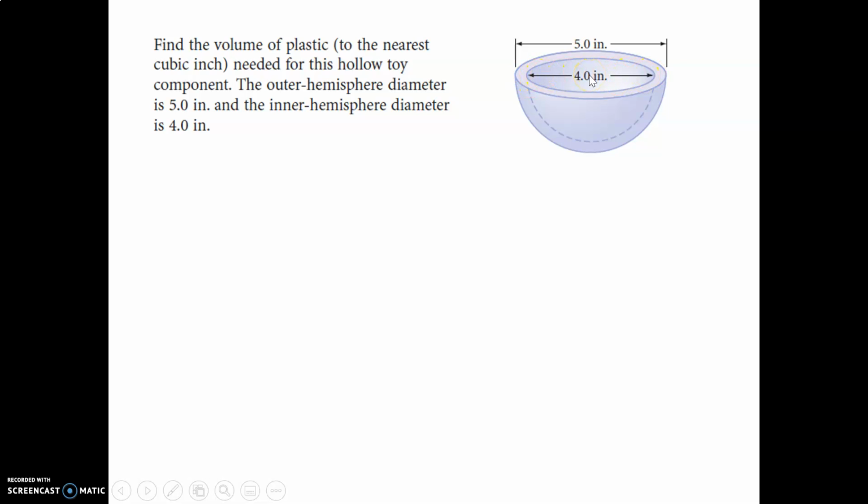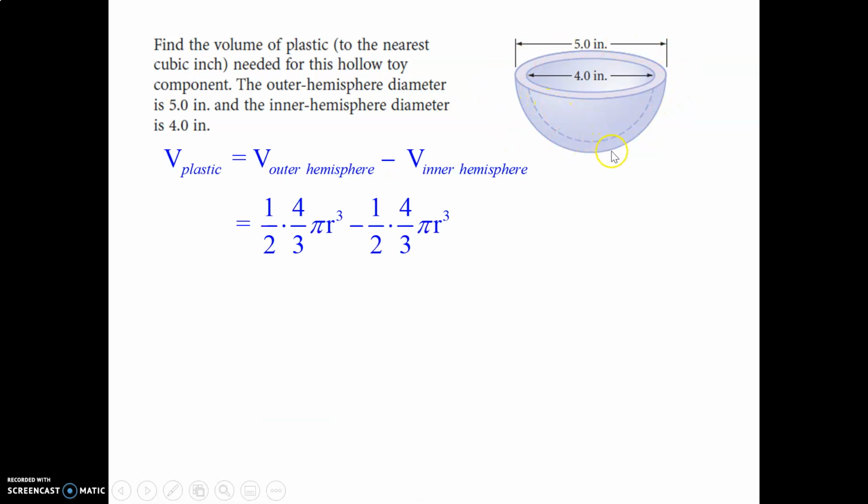So that means the inner hemisphere has a radius of 2, and the outer hemisphere has a radius of 2.5. Okay, so I think if I take the volume of the plastic and think of it as the volume of the whole outer hemisphere filled and everything, but then I subtract out the inner hemisphere, that will leave me with that core that goes all the way around there.